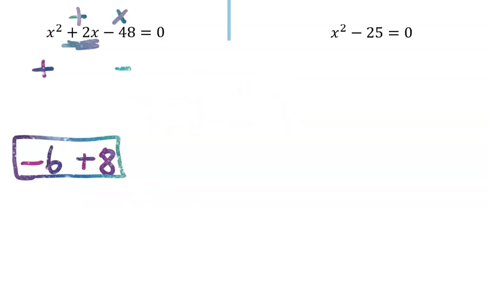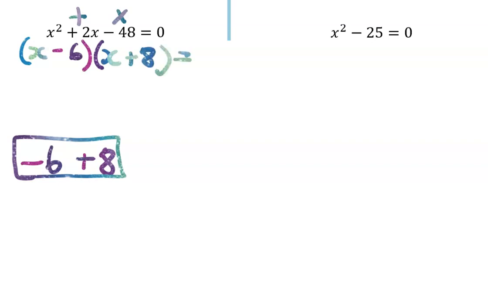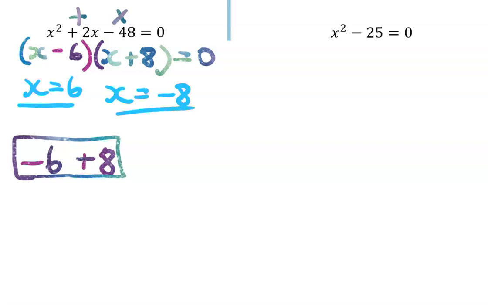So let's get rid of everything else. Let's write these out. So we've got x take away 6, x plus 8, and that equals 0. All right, if x minus 6 equals 0, then x has to equal 6. And if x plus 8 equals 0, then x has to equal minus 8. And there are my two answers.